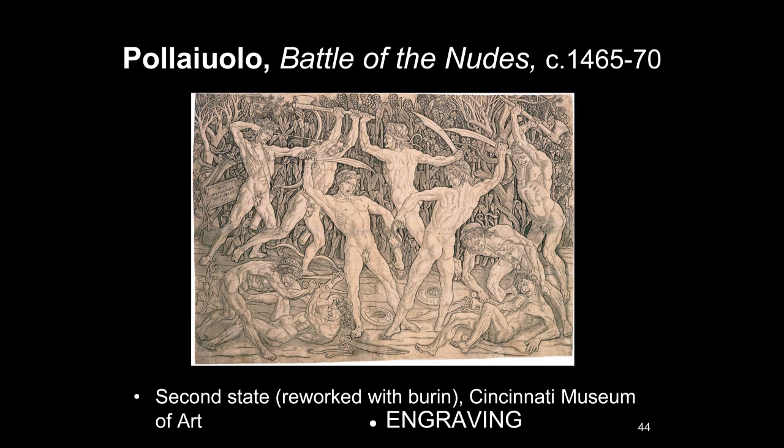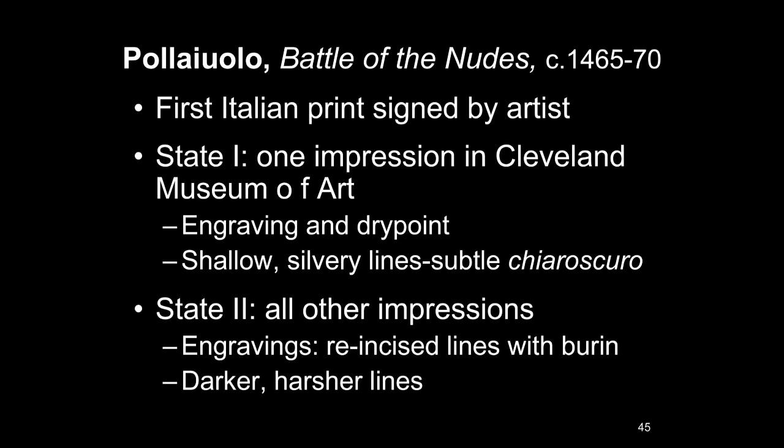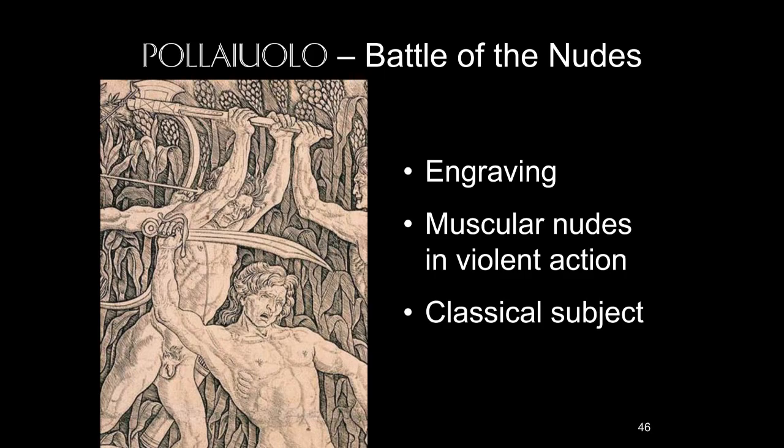And there are several copies of this second state of the engraving. Now, there's some distinction with them. You might have noticed that the lines seem shallower and perhaps a little bit more silvery with the first state. And then in the second state, the lines were darker and harsher.